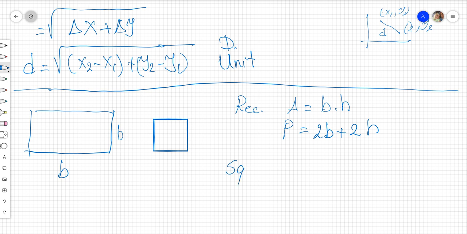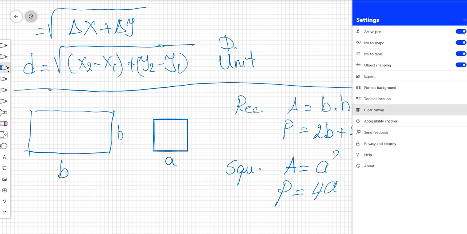For the square, if the side is a, the area will be a squared, since all the sides are a. Perimeter will be 4a.